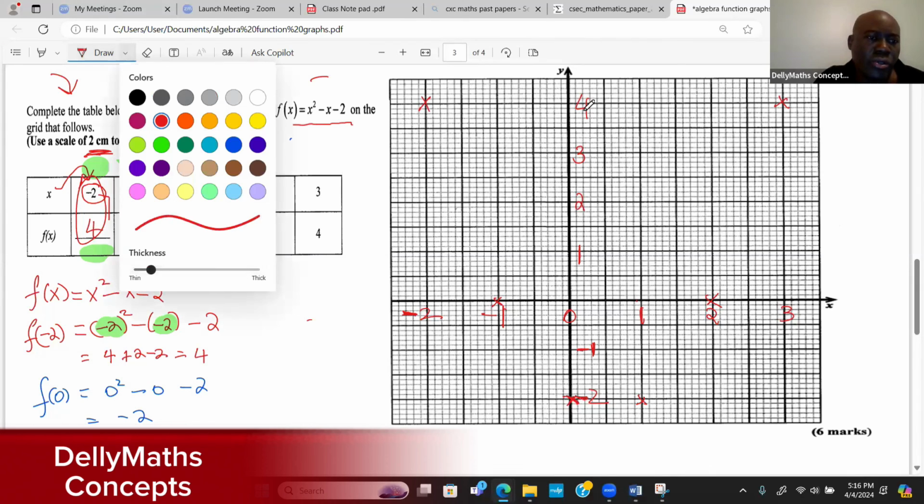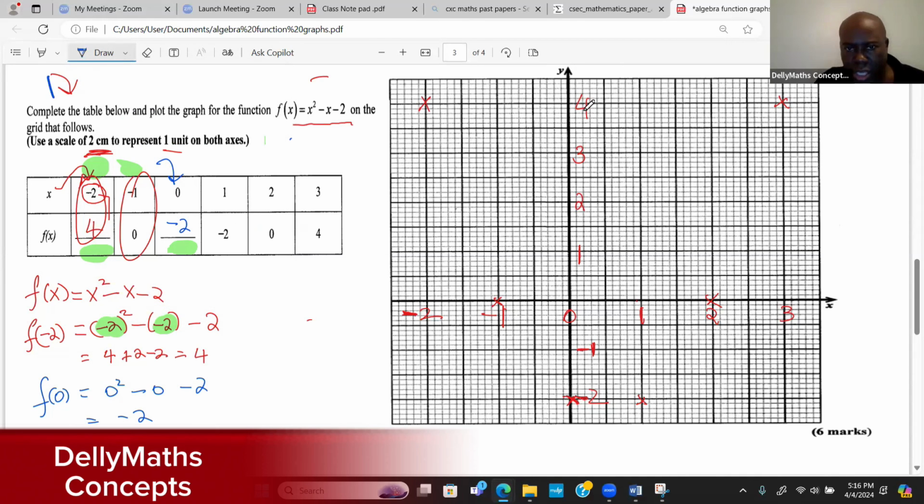So what we want to do is quickly plot our graph. Now, we're going to have to create a curve. It's a smooth curve. Do not use a ruler to do this. It's a curve, so we must use our freehand and just try to turn it nicely. So let us go.